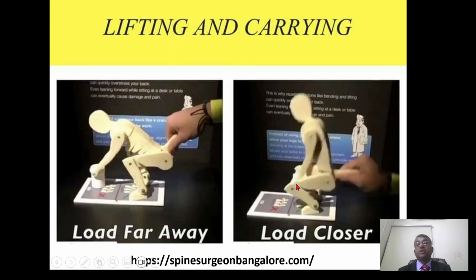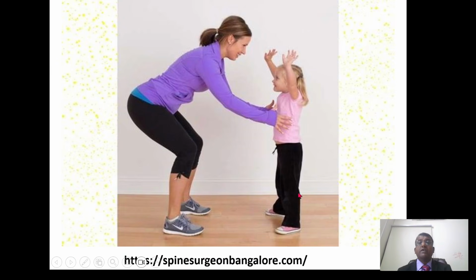Contrary to that, when we carry the load as close to our center of gravity, there is only a single effective center of gravity which reduces the load on our spine. So this is an ideal way to lift weight. When we are lifting our children too, we need to squat, bring our child close to our body, and then lift them.